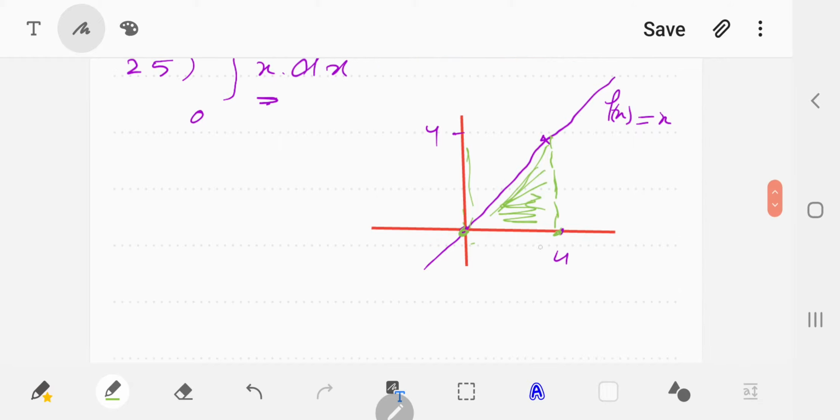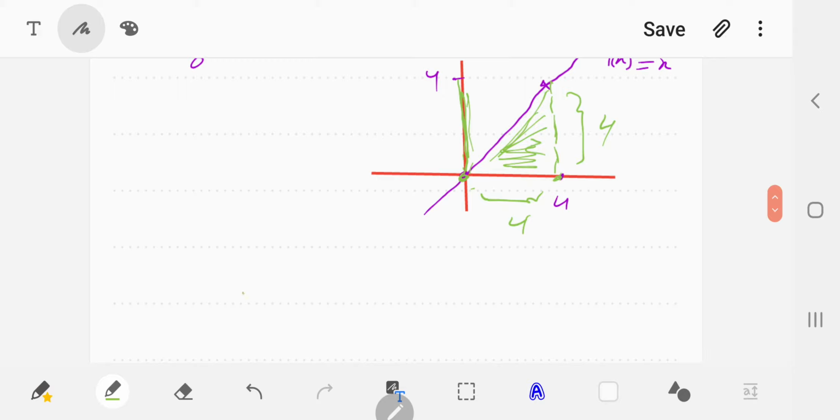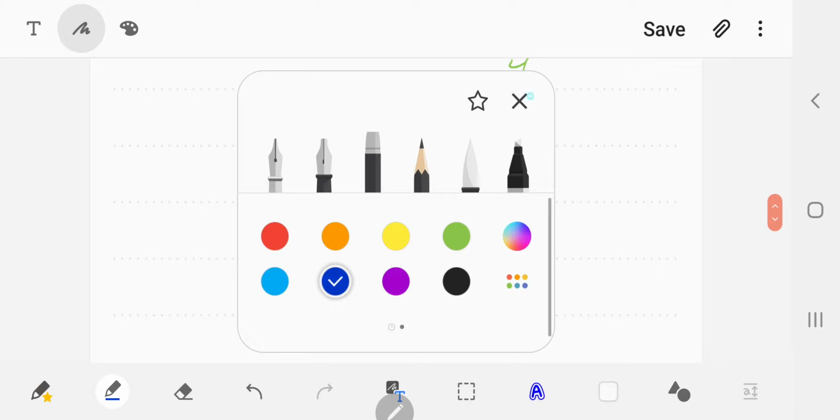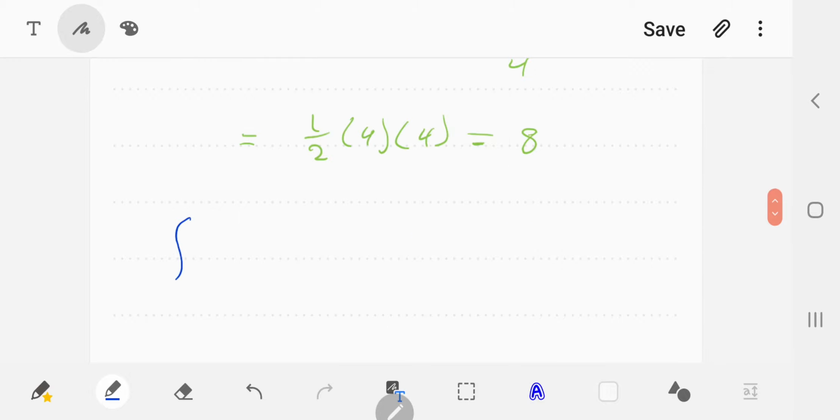Now this is a triangle. What's the area of a triangle? Half base times height. The base is 4. The height is again 4. So this integration will be equal to half times the base times the height, which is equal to 8. Let's try to do this algebraically also. So integration from 0 to 4 of x dx.